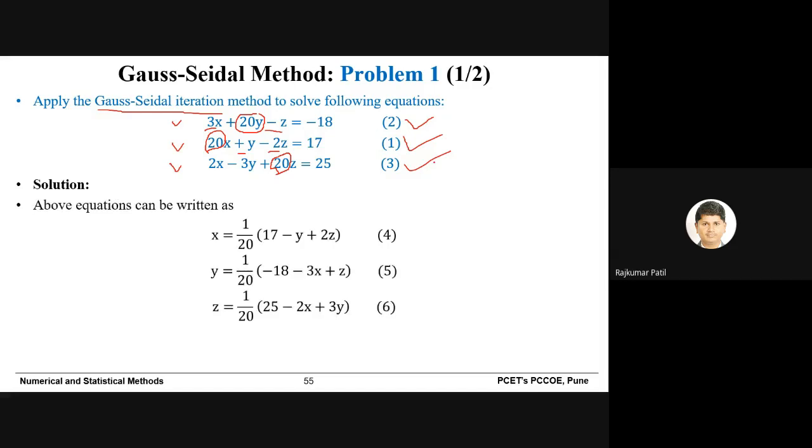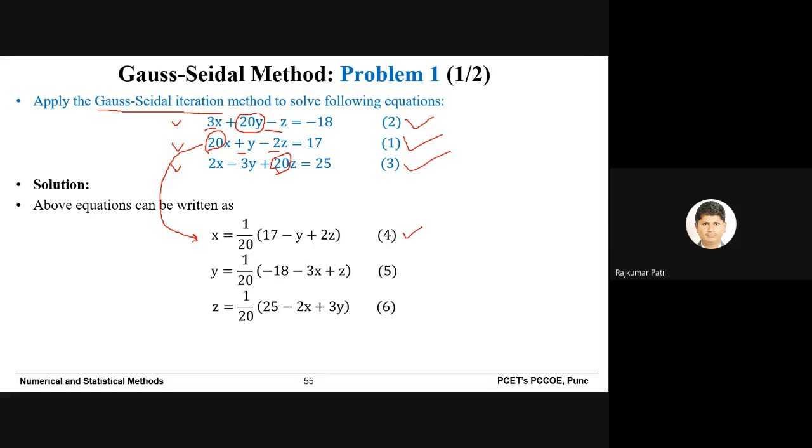Now the first step, you need to rewrite the equations. So you can see equation 1 is rewritten in terms of x, that is x is equal to 1 upon 20 into bracket 17 minus y plus 2z, and now it will be equation number 4.